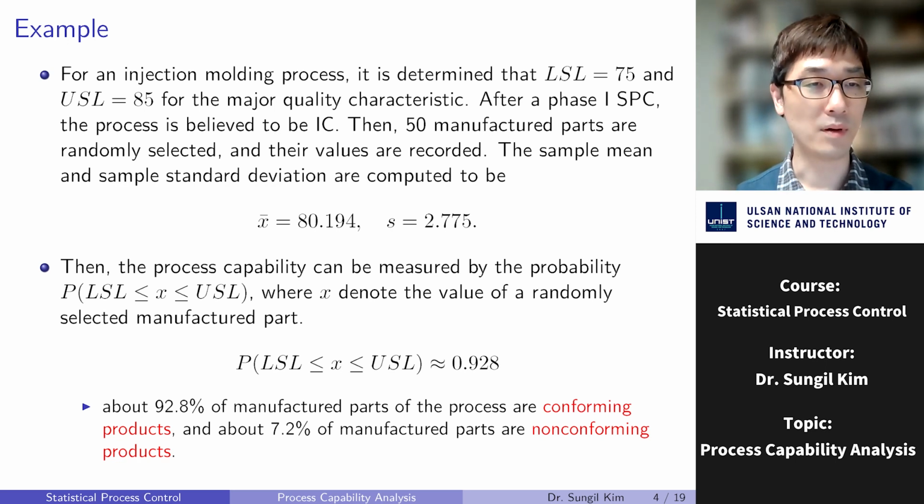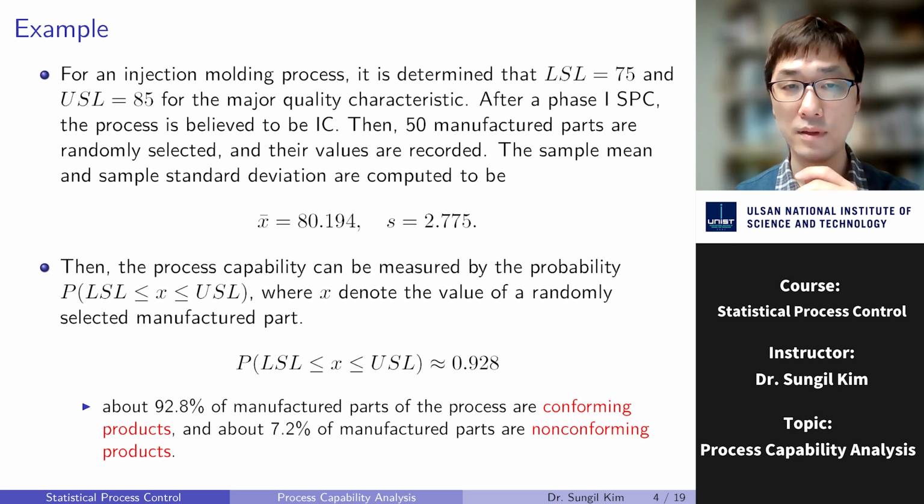Here is an example. For an injection molding process with LSL 75 and USL 85 for the major quality characteristic, after phase 1 SPC, the process is believed to be in control. After that, 50 manufactured parts are randomly selected and their values are recorded.